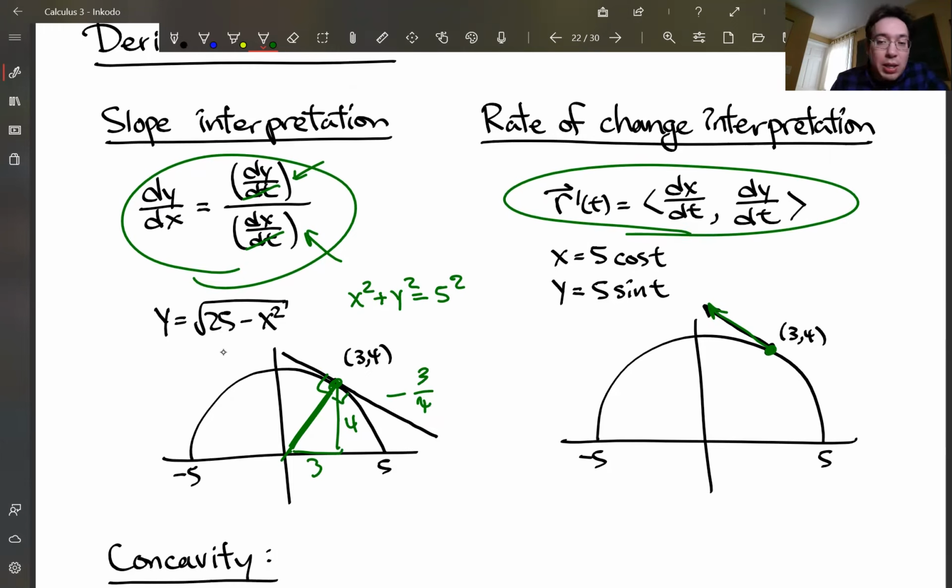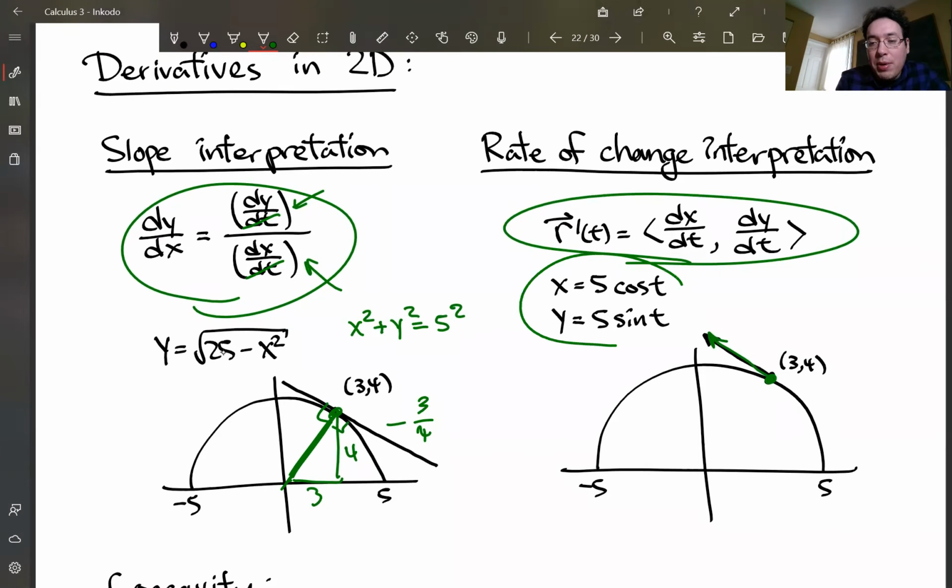But if you were talking about a particular motion, then you might parameterize a curve going from the positive x-axis counterclockwise, and then the derivative when the particle is at the point 3, 4 would be a different answer, right?